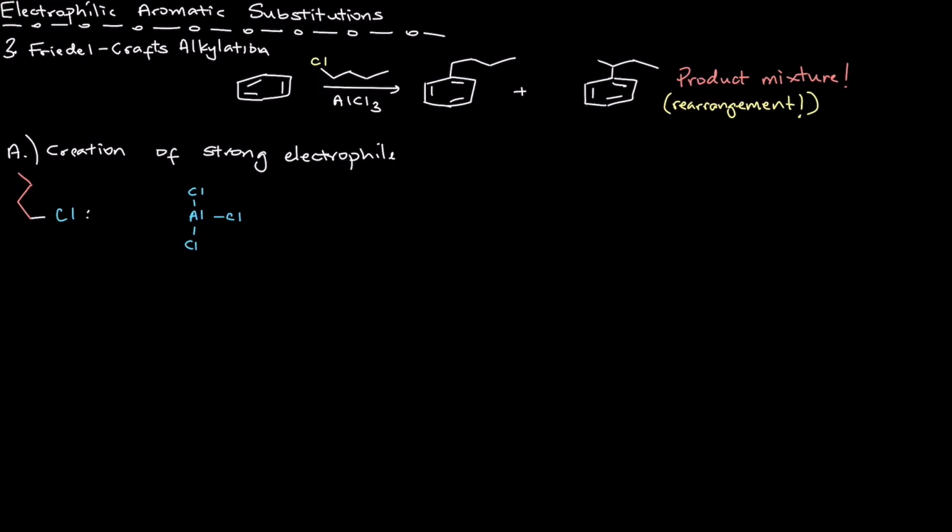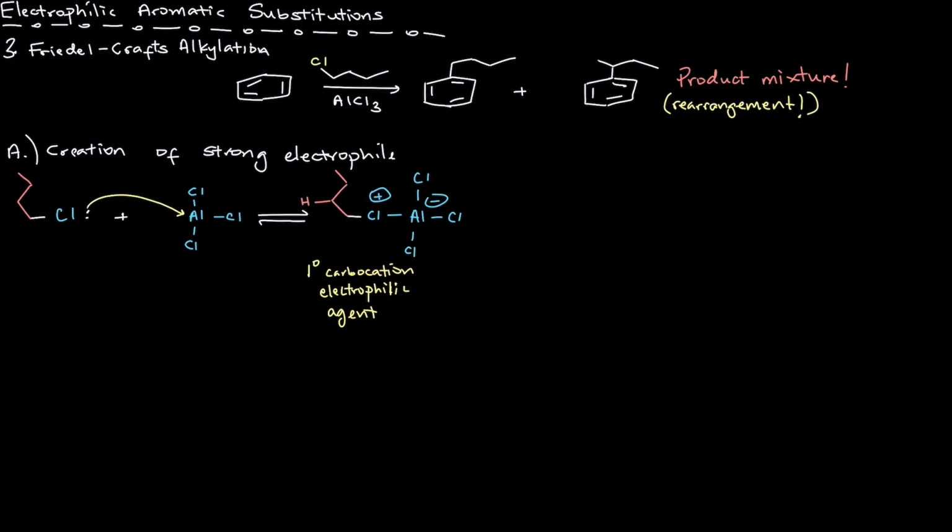So once again, we have your alkyl halide in the presence of your aluminum chloride. That can complex to form, in this case, your zwitterionic complex, where I can call it a primary carbocation electrophilic agent, if you will. But I've explicitly drawn out that secondary CH bond because, as you can probably guess, there is going to be a rearrangement in the form of a hydride shift.